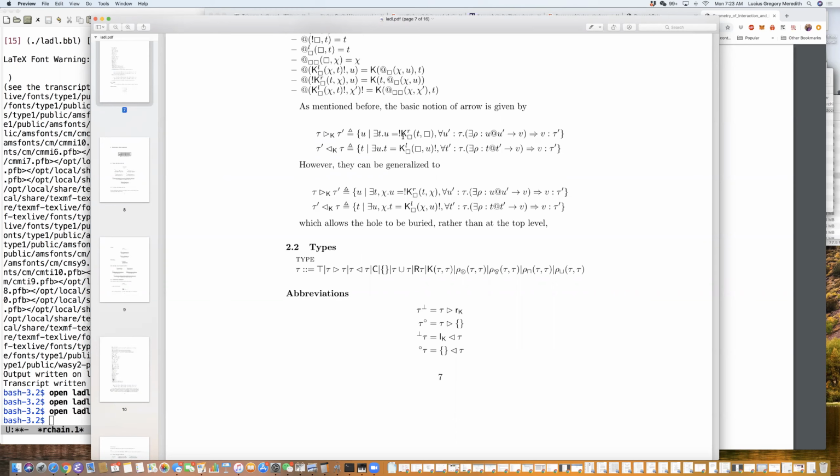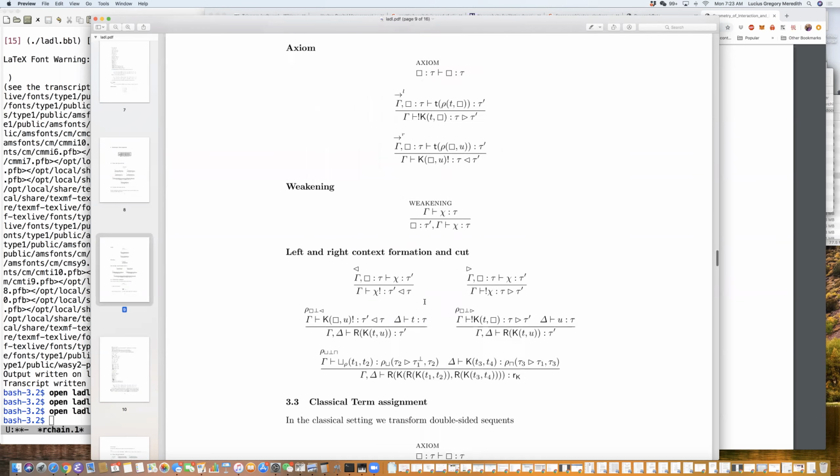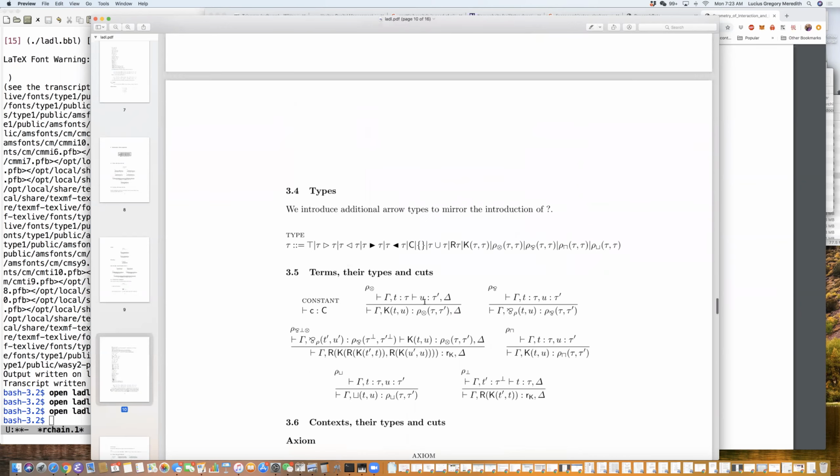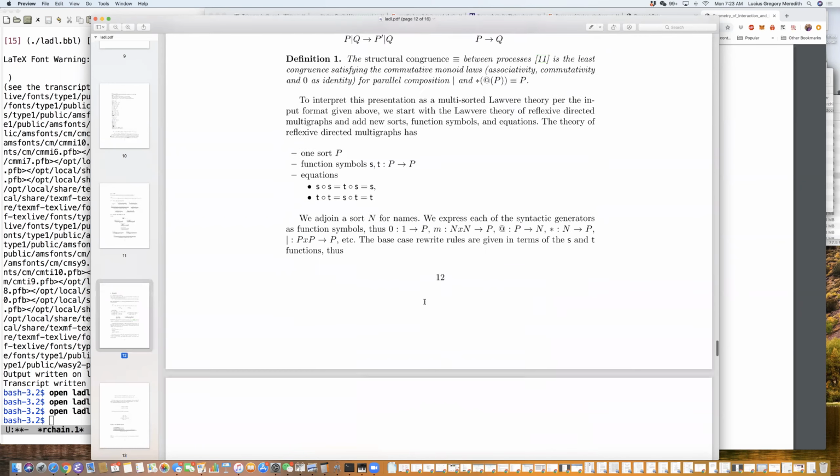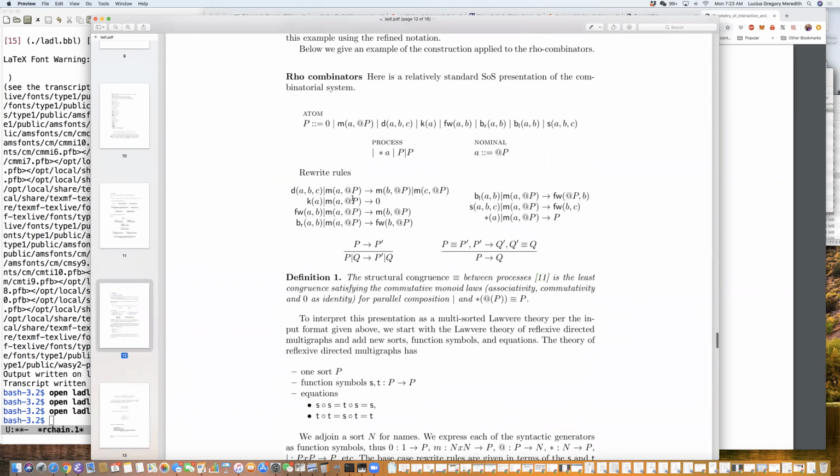And so what we're saying is the arrow type is all of the terms that look like the formation of the left-hand side where one of the components has been left out. So, for example, in the case of the rho combinators, it would be like this one, K blank, little k blank.